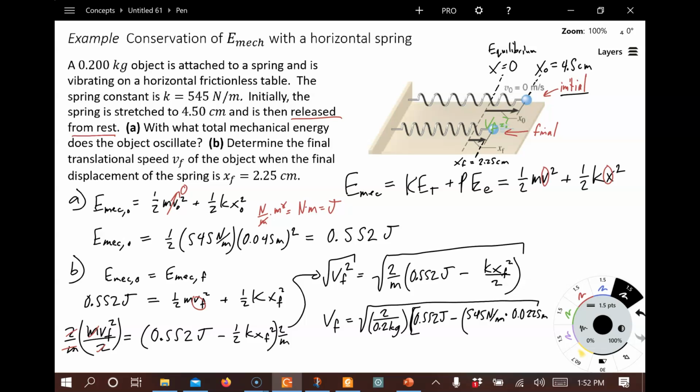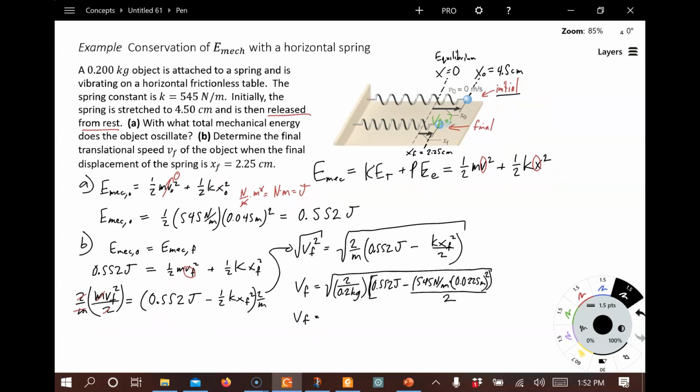And we need to, of course, square that one. And finally, that whole thing is going to be divided by 2. And if we put that into our calculator, let's see what we get here. It comes out to about 2.03 meters per second.